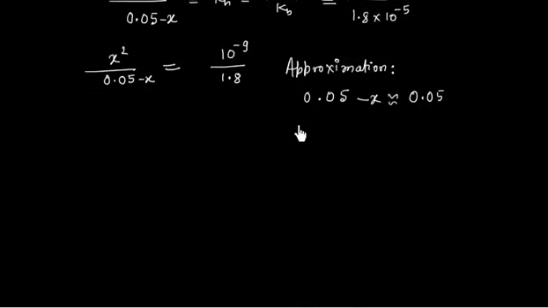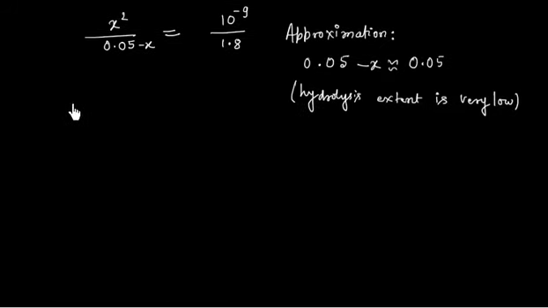That is, the hydrolysis extent is very low. So if I use this assumption, then I can write X square divided by 0.05 equals 10 to the power minus 9 divided by 1.8.